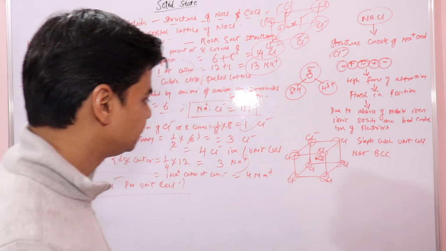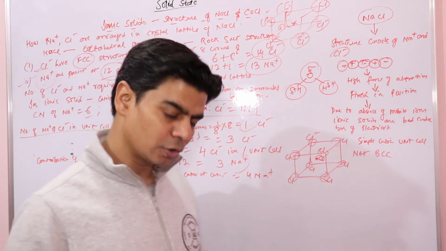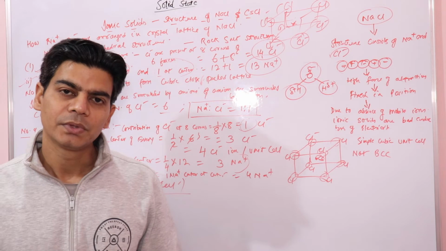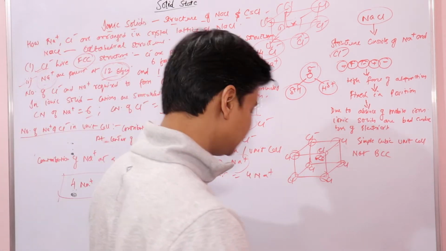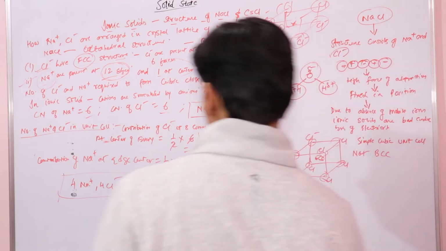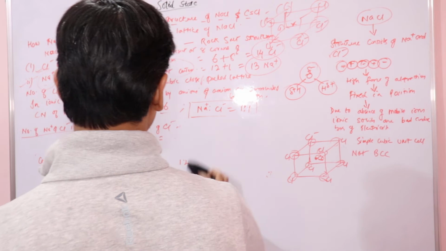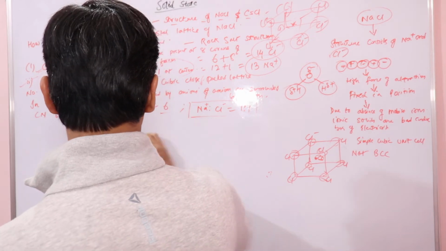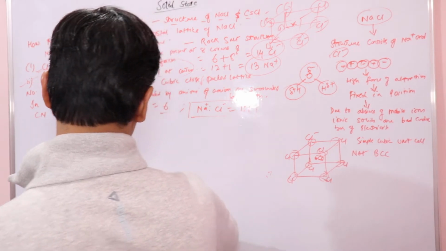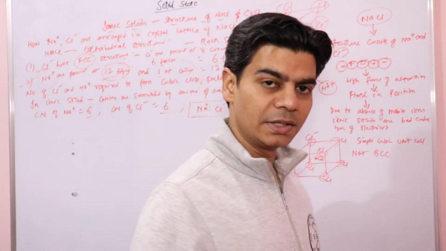So we say the structure of the unit cell of cesium chloride is simple cubic. Now, what is the effect of temperature and pressure on the structure of these ionic solids? We know that the structure of any ionic solid is related to the coordination number.